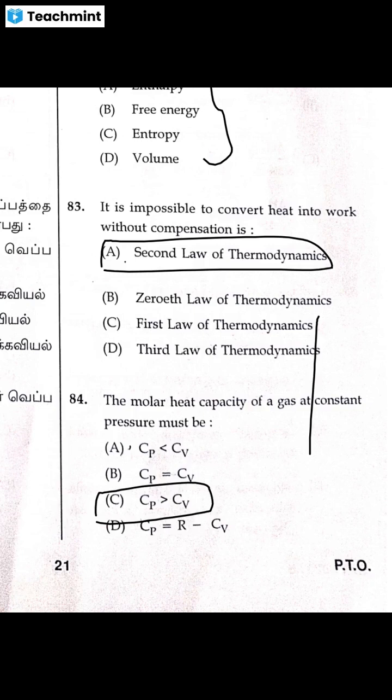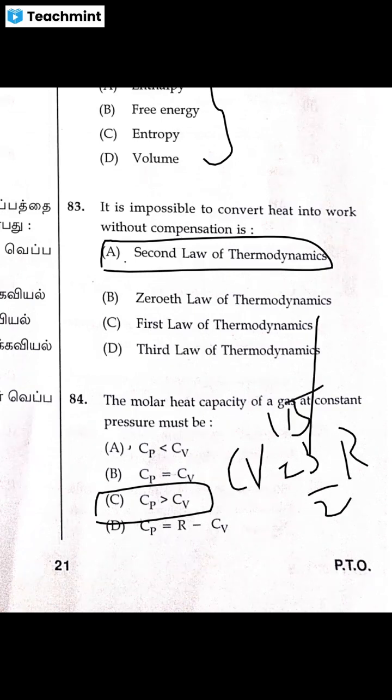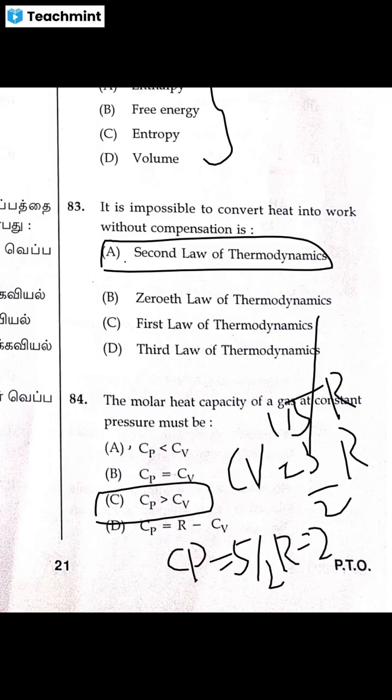If it is a monoatomic gas, say for example my Cv value is 3/2 R, that is 1.5 R. Then Cp value is 5/2 R, which is equal to 2.5 R, okay?